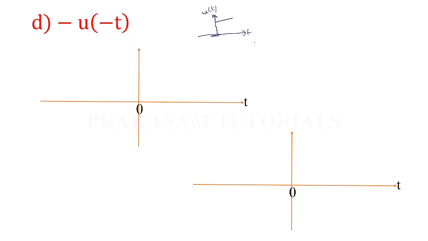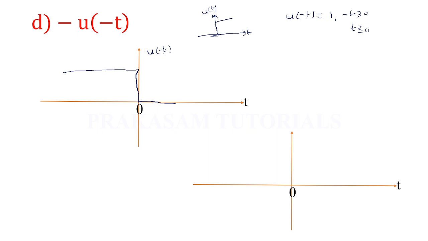U of minus t was already explained. Using the definition, u of minus t is equal to 1 for minus t greater than or equal to 0. So minus t greater than or equal to 0 means t less than or equal to 0, which means minus infinity to 0. From minus infinity to 0, the strength of the signal is 1, and greater than 0 it is 0. So this is the graphical representation of u of minus t.